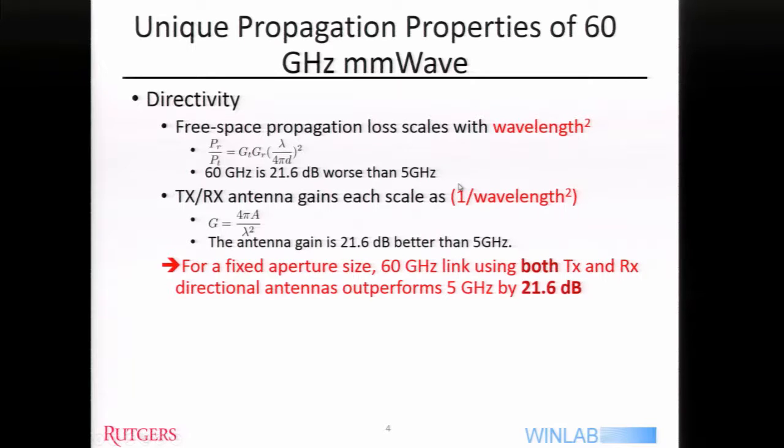But luckily, 60 gigahertz can use directional antennas. We found that if both the transmitter and receiver use directional antennas, for the same aperture size, the 60 gigahertz link can outperform the 5 gigahertz link by 21.6 dB.